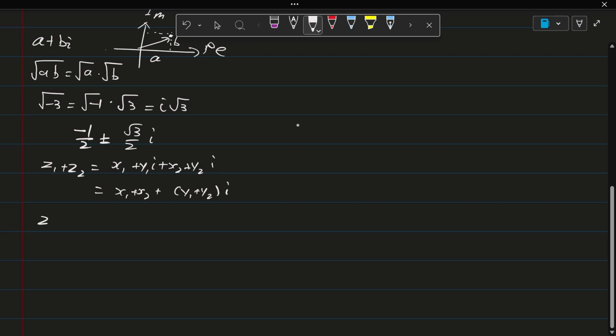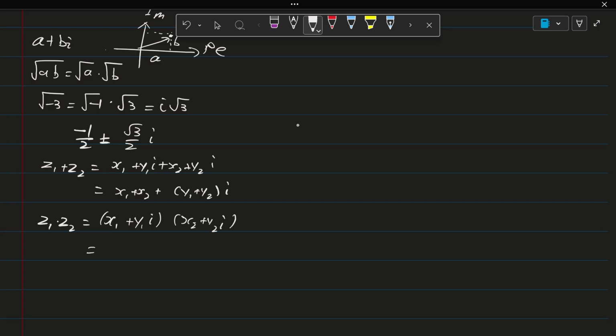But what about multiplication? Multiplication also follows the same idea of multiplying the complex numbers. So you could write this as x1 plus y1i, multiplied by x2 plus y2i.